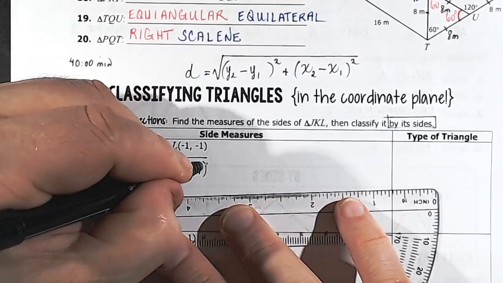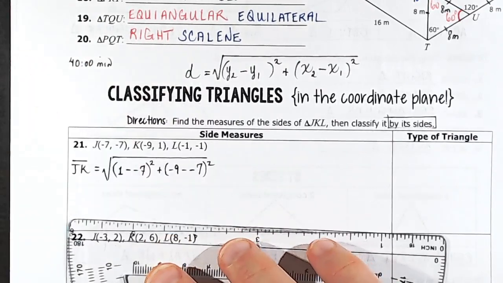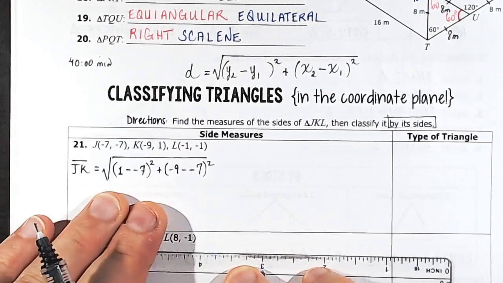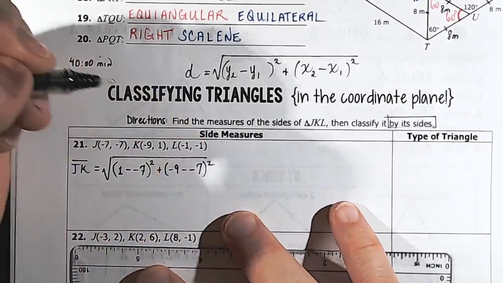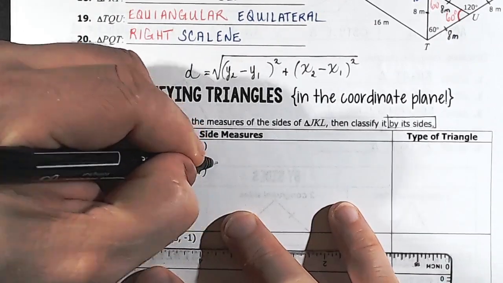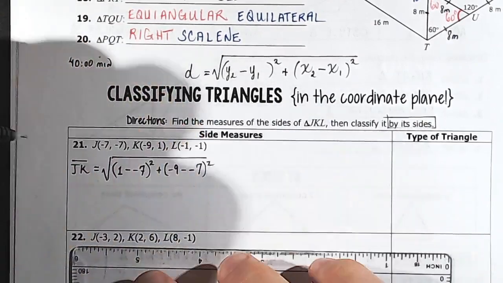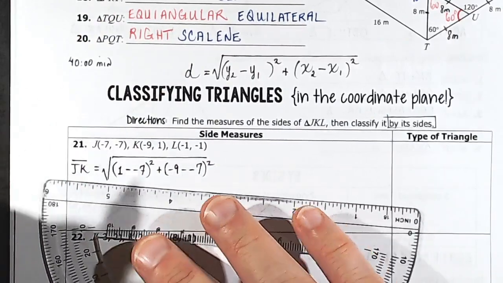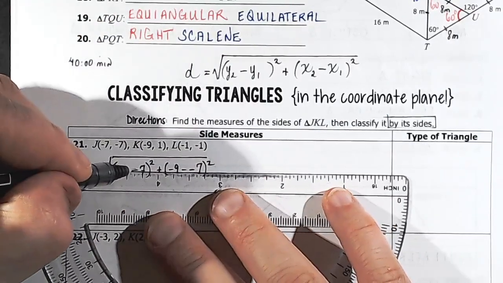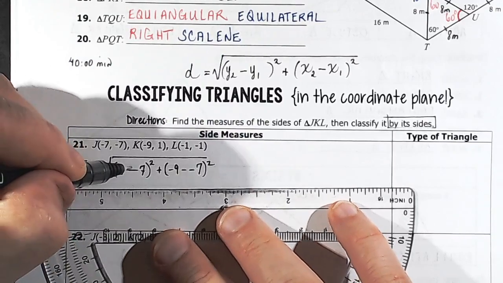Okay, close parentheses, squared. The most important thing is that you're able to set this up. Okay, so we're going to do another simplification here. I can connect these two negative signs and turn them positive, because a negative and a negative makes a positive.